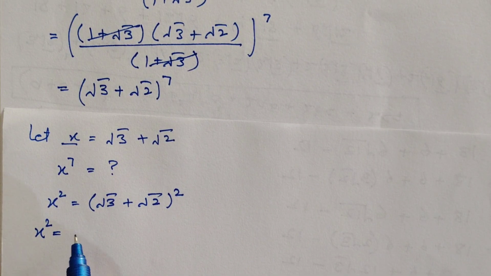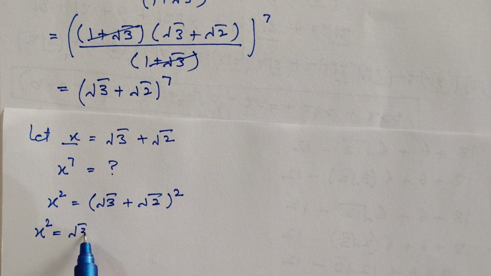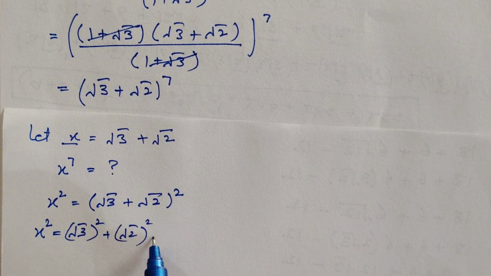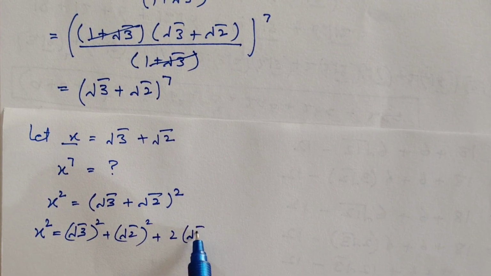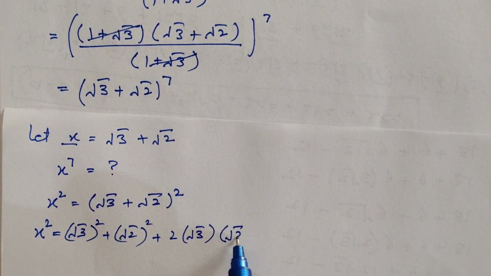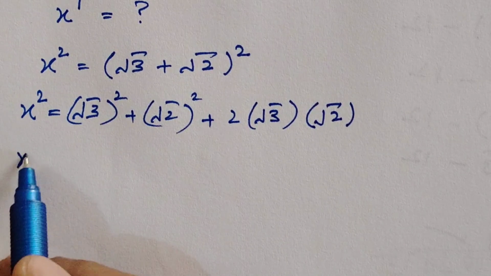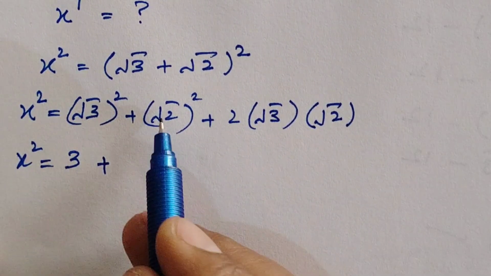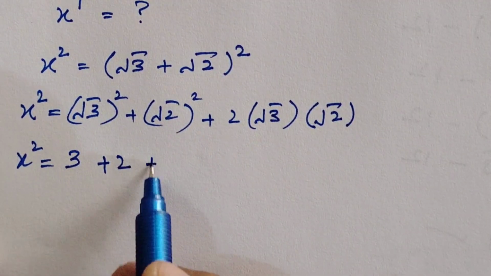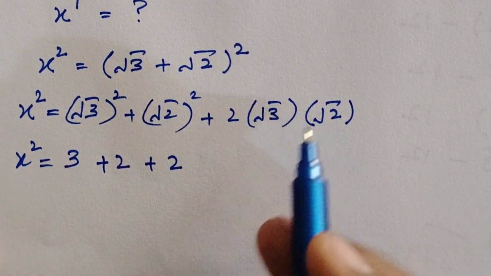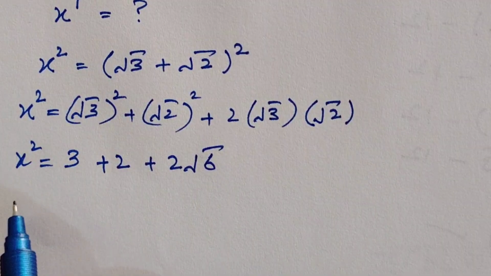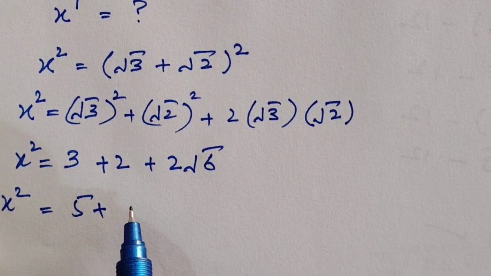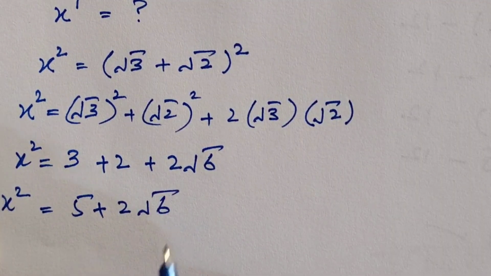X square is equal to square root of 3 whole square plus square root of 2 square plus 2 square root of 3 into square root of 2. X square is equal to 3 plus 2 plus 2 square root of 6. X square is equal to 5 plus 2 square root of 6.